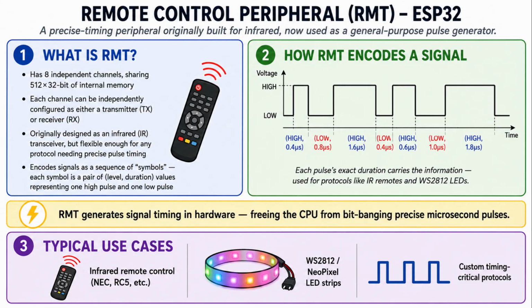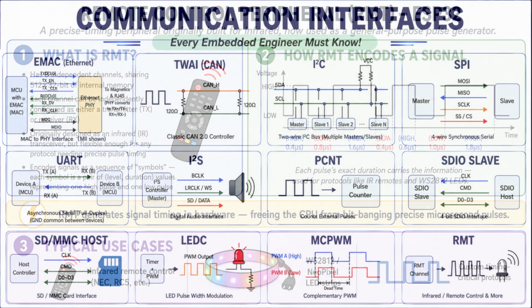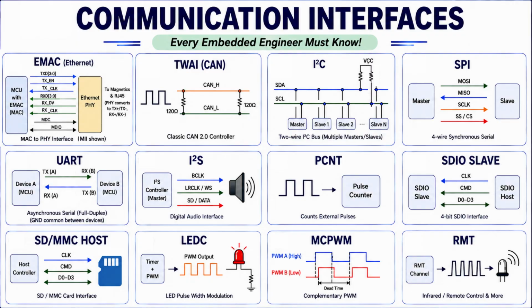This is exactly the kind of timing used by infrared remote control protocols. And once again, the big advantage is that the hardware handles the precise timing. The CPU doesn't have to sit there doing the microsecond level counting. So let us look at the complete picture one more time. We started with the basic serial communication interfaces.